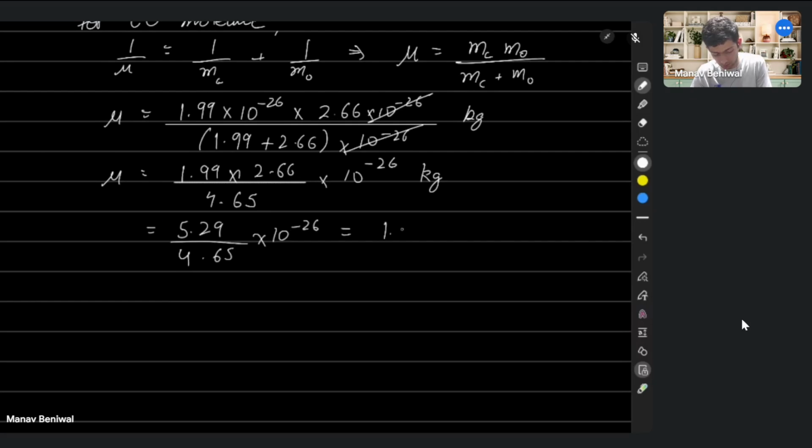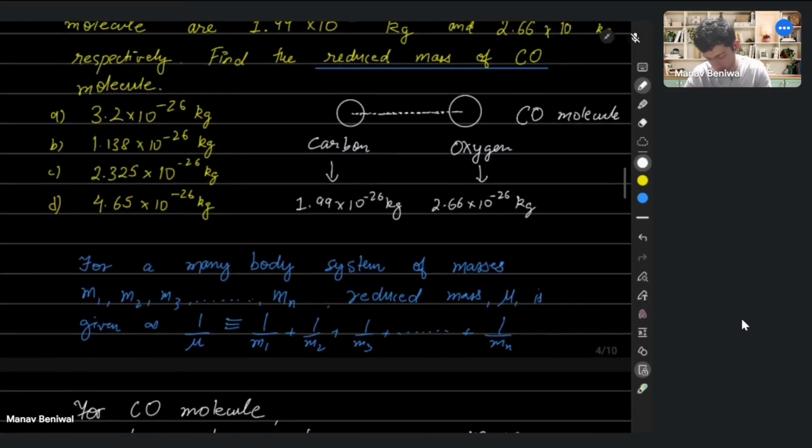So this comes out to be 1.138 times 10 to the minus 26 kg. Okay, let's see if it is matching. Yes, it is matching with option B.